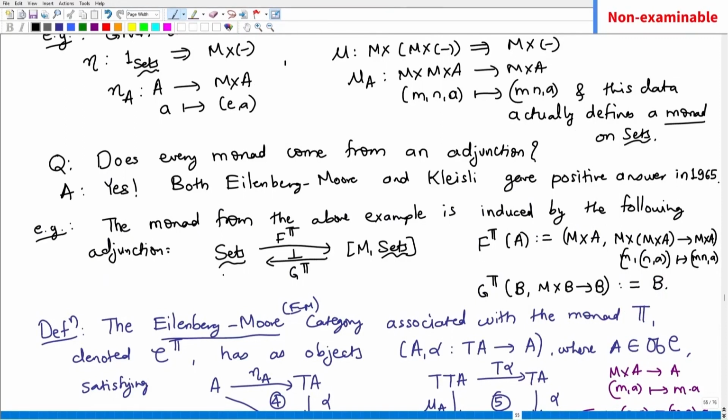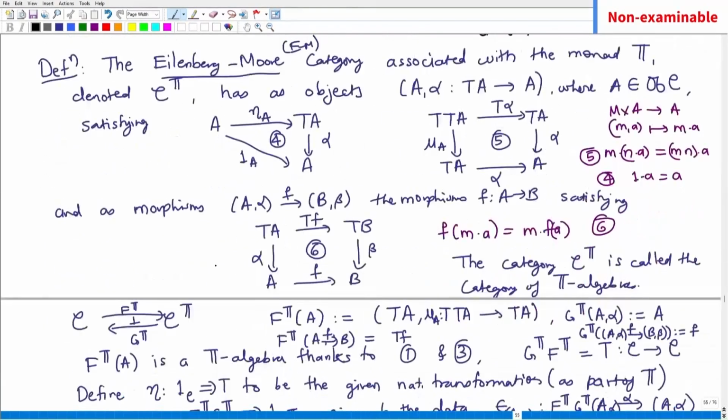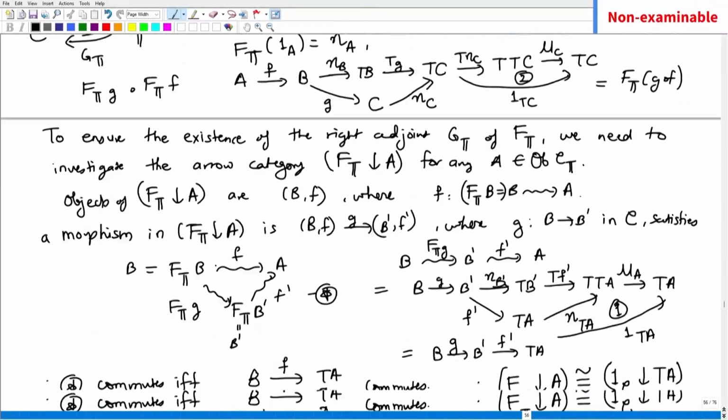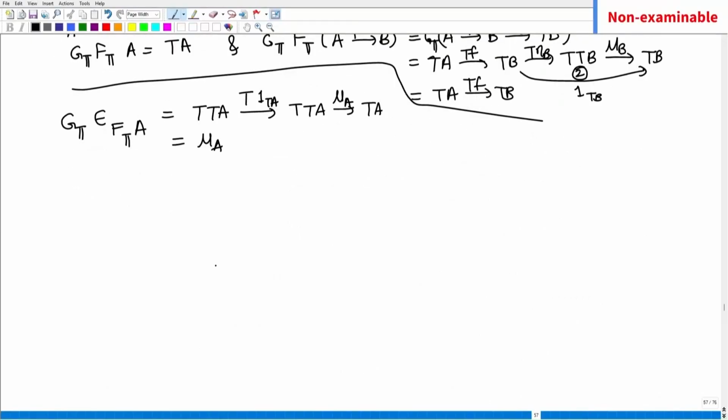Does every monad come from an adjunction? There were two independent answers by Eilenberg-Moore and Kleisli. Both of them gave positive answers in 1965, and we saw both these answers. There are certain things I have left for you to check, but anyway, I am not going to cover all the proofs now. Any questions so far?